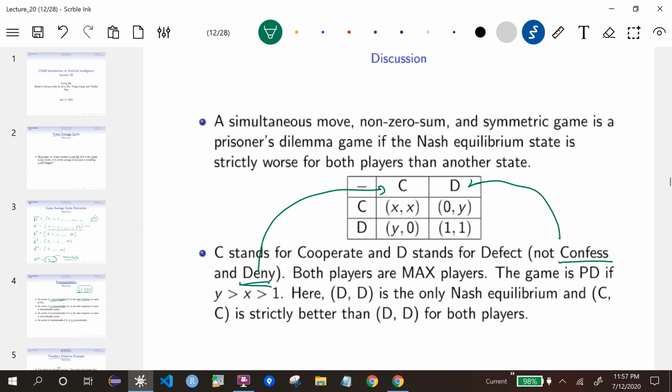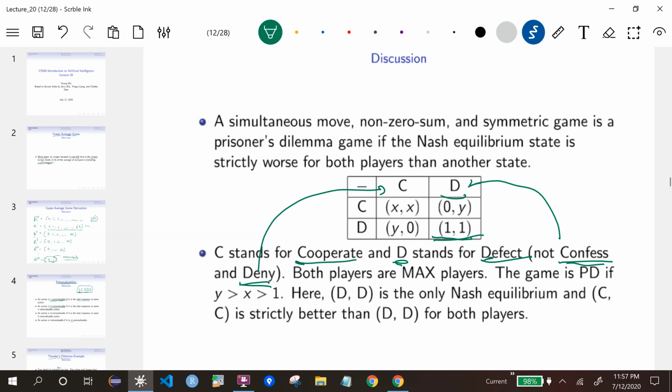So it's kind of flipped, but actually game theorists use the words cooperate and defect, so those are C and D. It just happens to be the opposite of confess and deny. But in any case, if both of them confess, they will both get, say, 1.